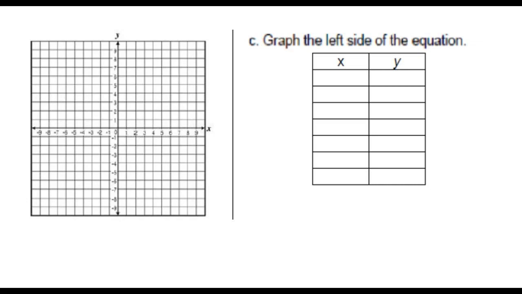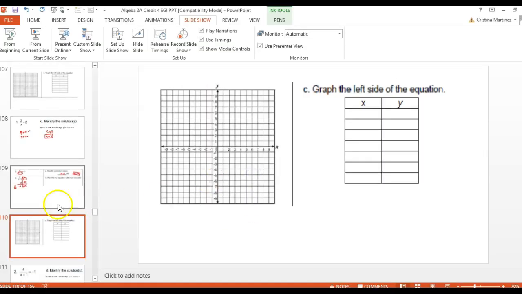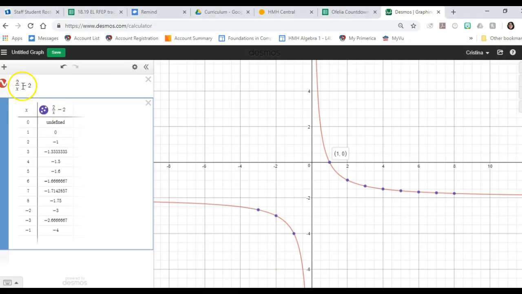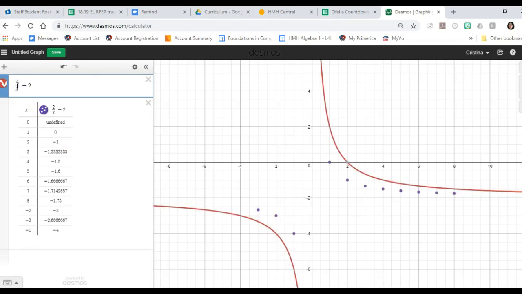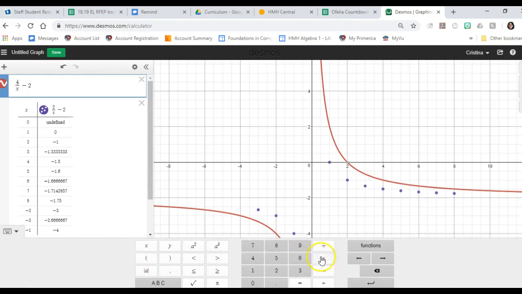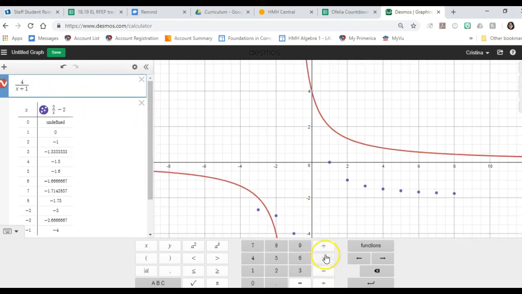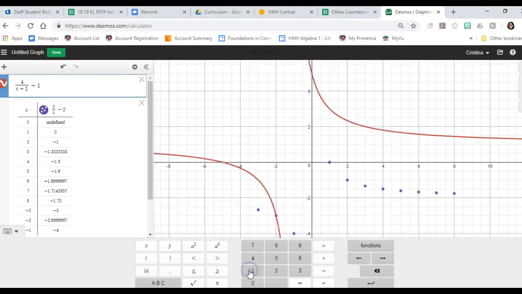And then again, if you wanted to get a table of values and a graph, we can use Desmos. So I'm going to go ahead and do that. Let's do 4 over x plus 1, plus 1. So I'm going to go back to this and say I want instead now 4 over x plus 1, and then that should be a plus 1.